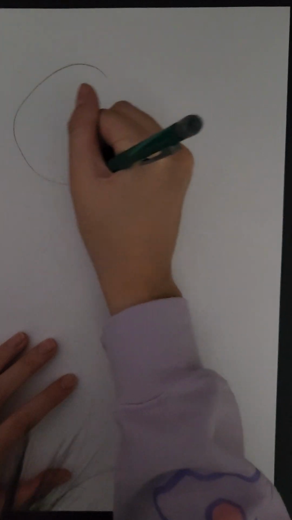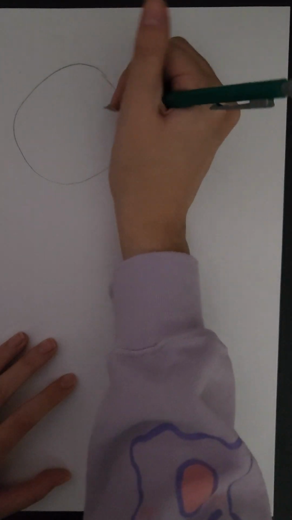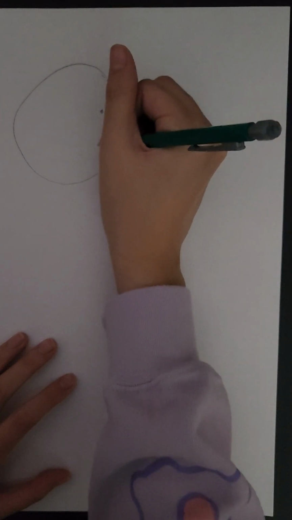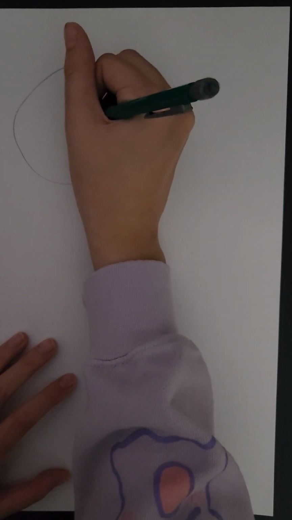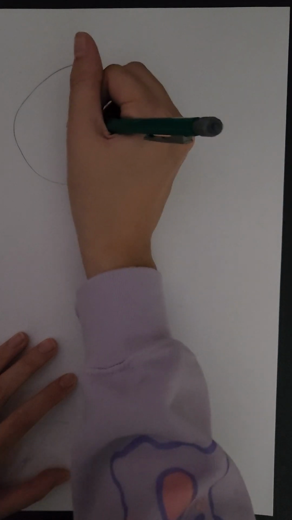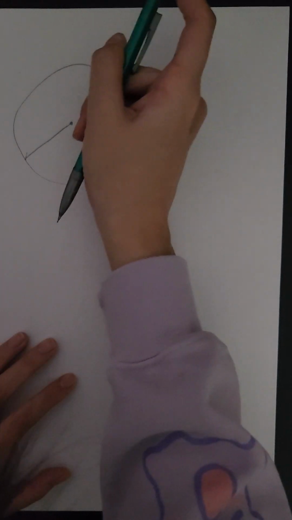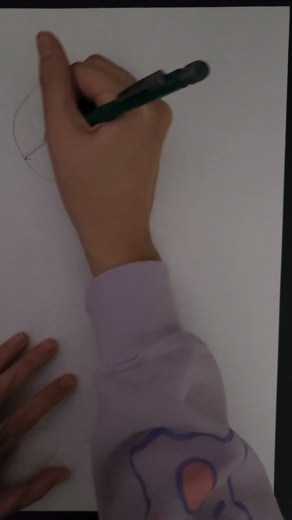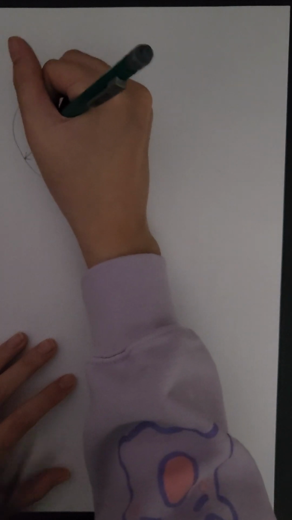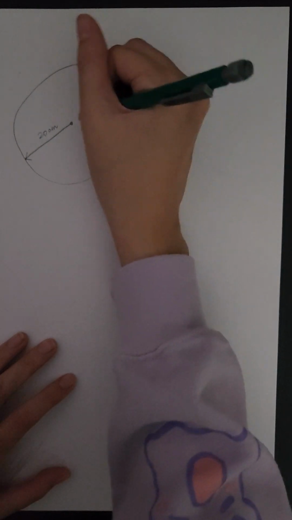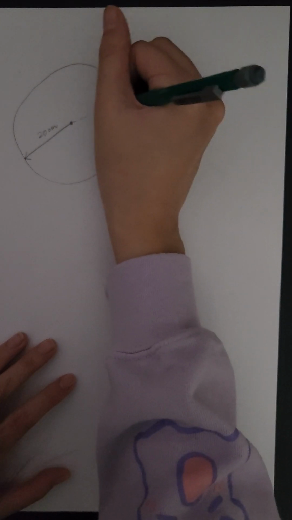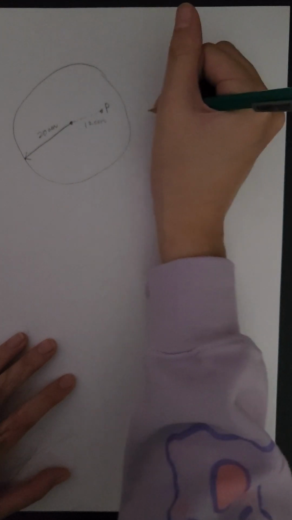Today we're going to find the electric field at point P inside a solid plastic sphere of charge. So I'm going to draw a plastic sphere that has a radius of 20 centimeters, and the distance to point P is 12 centimeters.